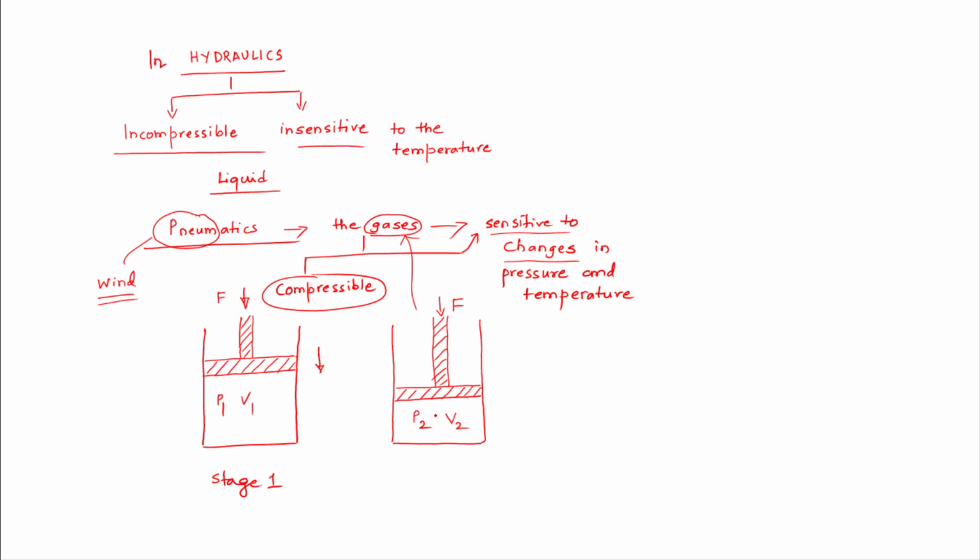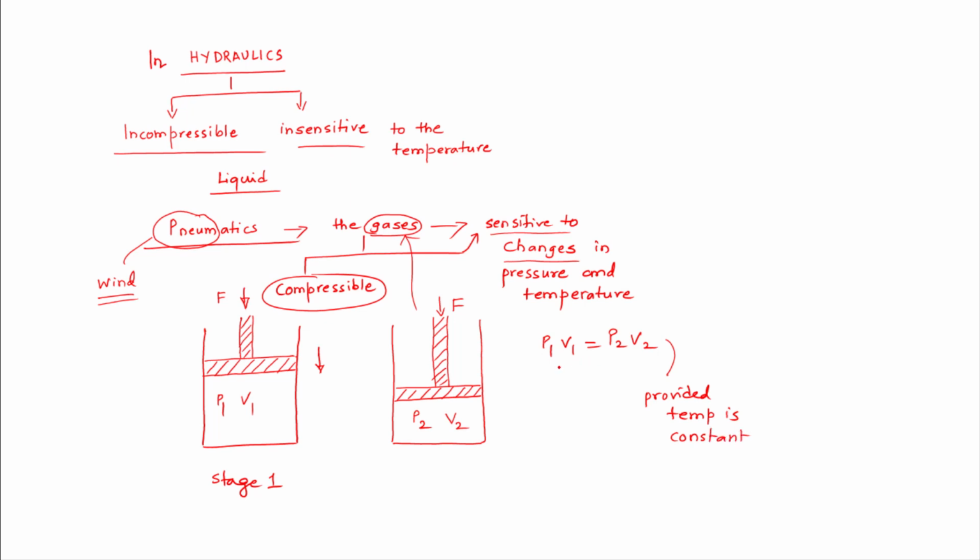As per the law of conservation of energy, we can write P1 V1 is equal to P2 V2, provided the temperature of the system is constant. So here we are considering that the temperature is not going to change during this operation.